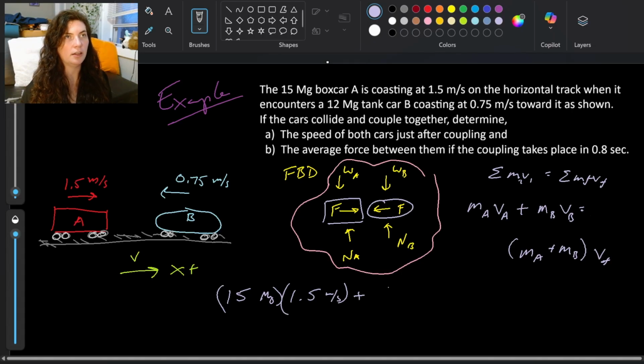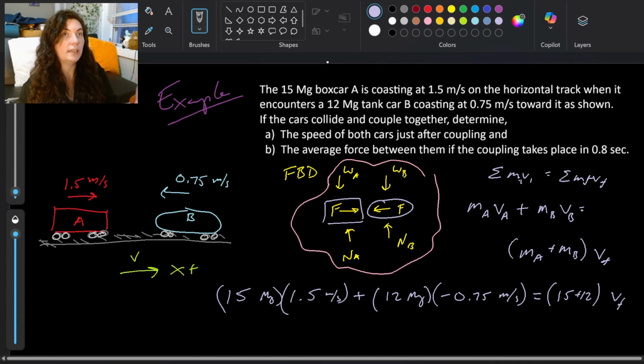Then I add on my mass of B, which is 12 megagrams, times the speed it's moving, and make sure we note that this is negative, right? It is moving in the opposite direction from our positive convention that we made, so this is a negative 0.75 meters per second. And this is going to equal my MA plus MB, so that's 15 plus 12, times that final velocity.